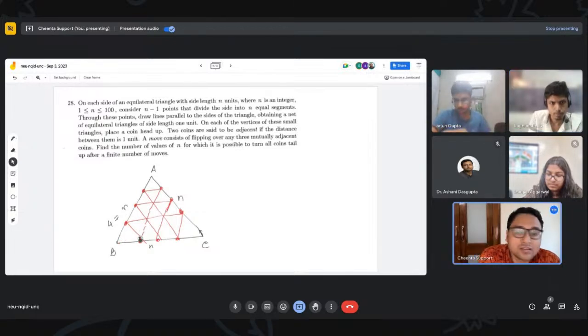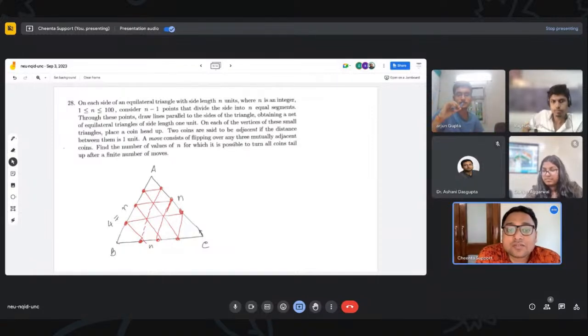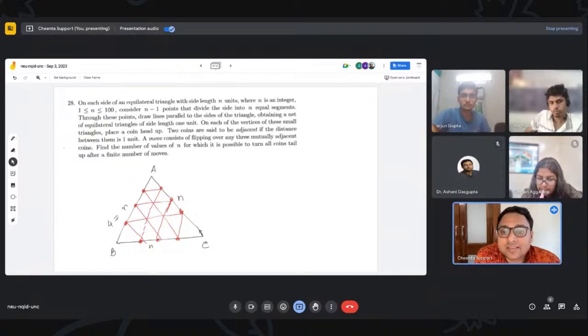Here we go. So, draw the lines parallel, obtaining a net of equilateral triangles with side length 1 unit. On each of the vertices of the small triangles, place a coin head up. So on the vertices of the small triangles, you place a coin like this, heads up.